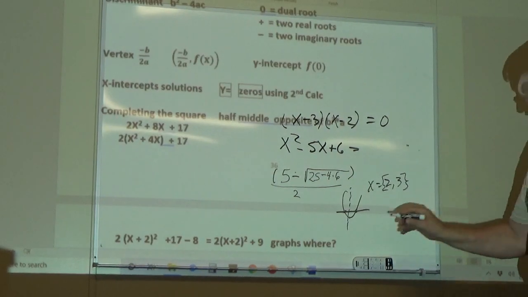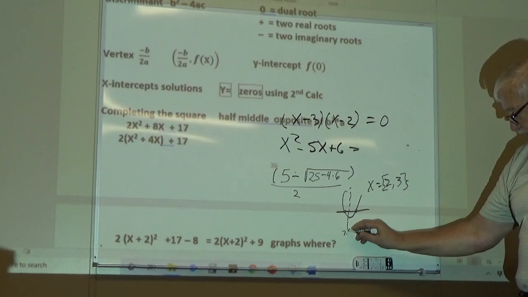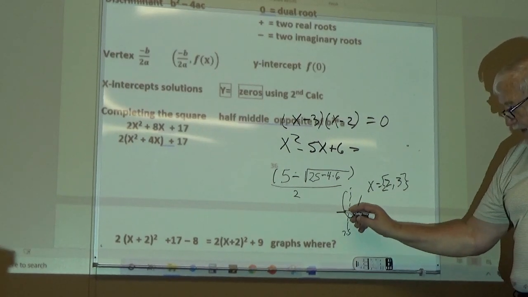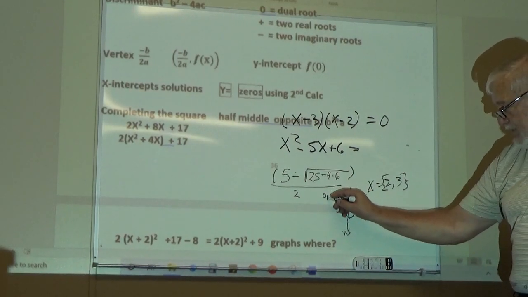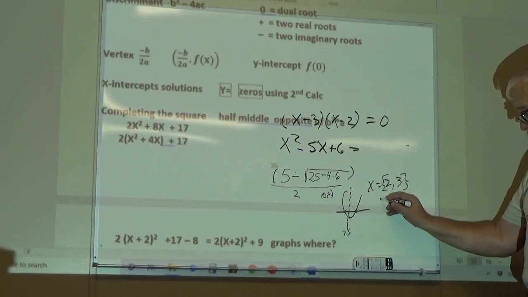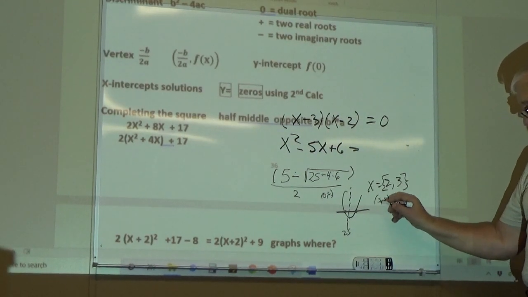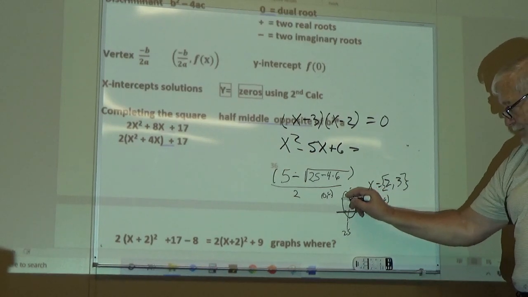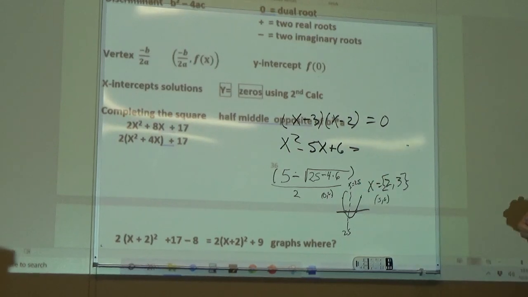So this is 0, 6, which is 2.5 in that way. And on this side, if I go 2.5 in the other direction, I'll be at 5, 6. That's also a point on the graph. And x equals 2.5 is that right there. Now, those are the major points that you're going to learn to find and graph.